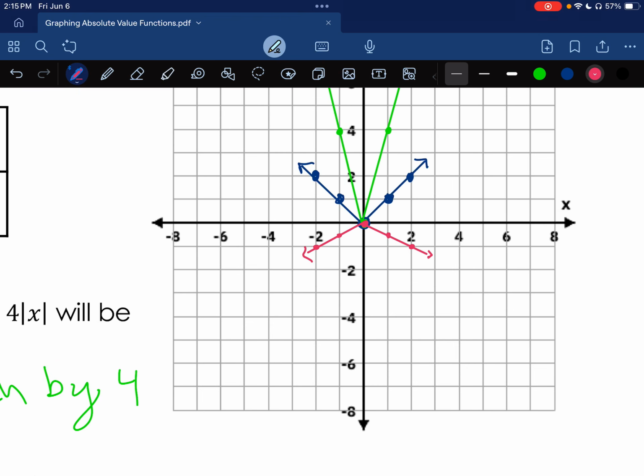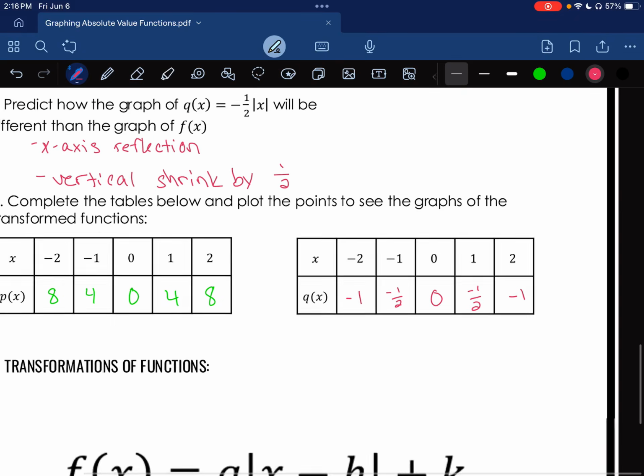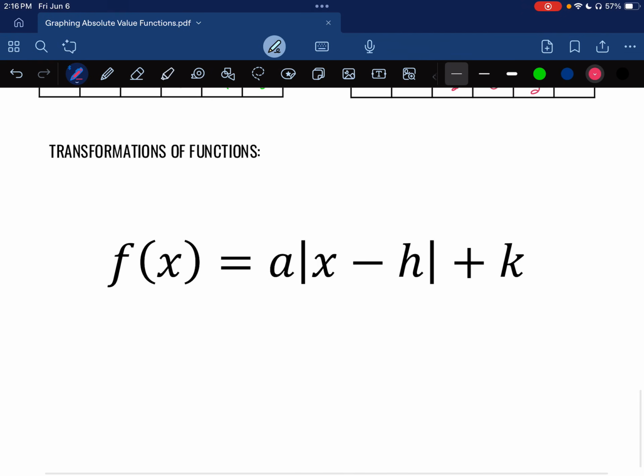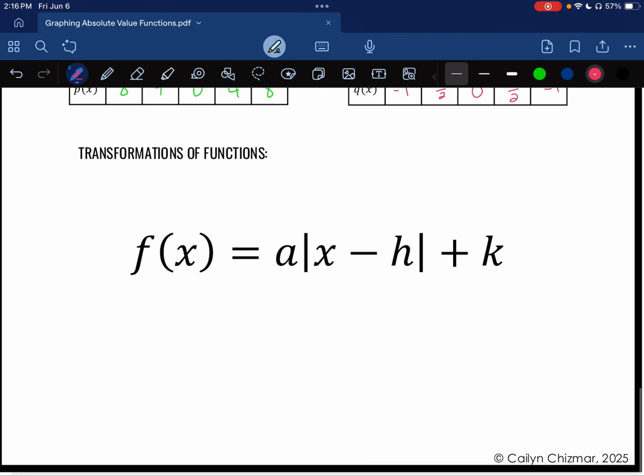All right, so now we're going to talk about transformations of functions. This is where I get really nerdy. This is one of my absolute favorite things about math, because the things that this a value does, and the h and the k, are going to be the same way that quadratic functions transform, the cubic functions transform, the radical functions transform, the log functions transform, the exponential functions transform, the trig functions transform, things that you don't even know exist yet.